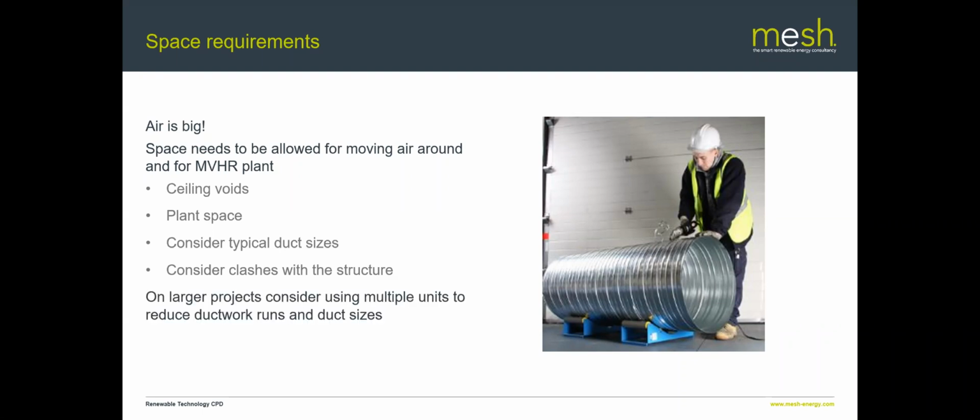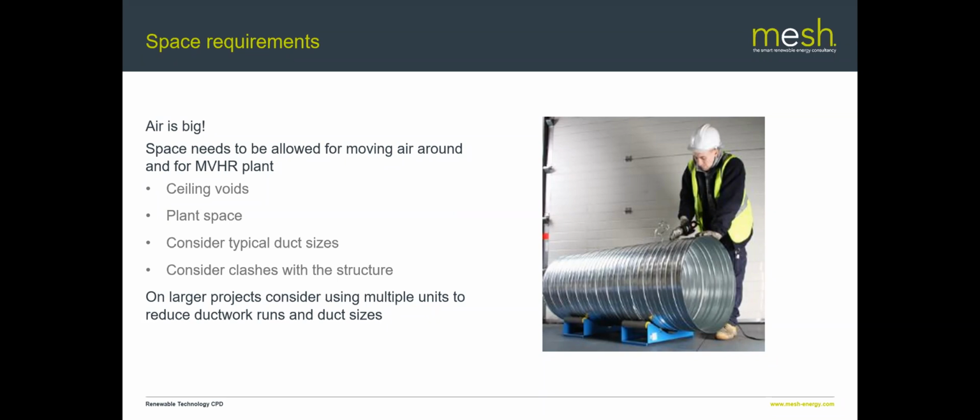Ways around that, well, on larger projects, it's often worth considering using multiple units to reduce ductwork runs and ductwork sizes. What can you do? Well, a job I did quite recently, there were different wings to the house, so each wing had its own MVHR unit. That reduced the duct size, but it also meant that one of the wings was a sort of guest annex.